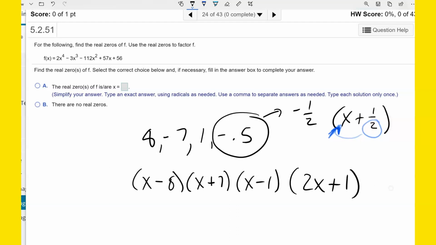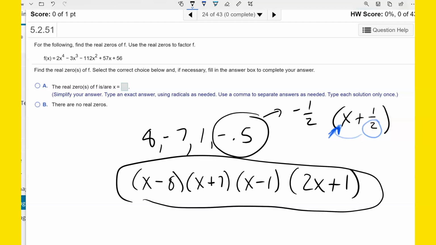If I set the 2x plus 1 equal to 0, I'm still going to get -0.5 as the answer. But you need to do that because that's the only way you're going to get this 2 in front of the whole thing if you were to FOIL it out. So this should be what my answer looks like for the second part of that problem. This will be obviously the answer to the first part.